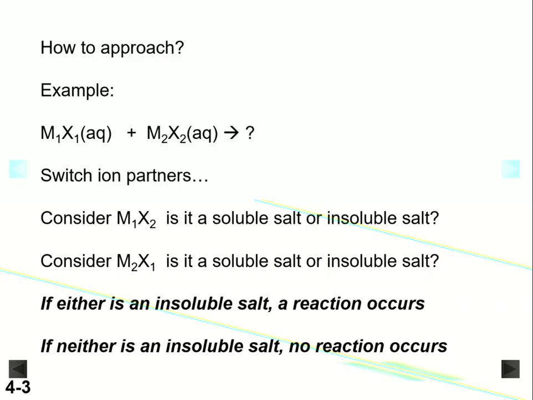So we have two questions, and if either of these gives us an insoluble salt, we have a reaction occurring, and we write the insoluble salt with an (s) in parentheses next to it. If neither is an insoluble salt, no reaction occurs. So to repeat, if either is an insoluble salt, we get a reaction, and we write down the insoluble salt with (s) in parentheses. If neither of the potential ionic compounds is an insoluble salt, no reaction occurs.